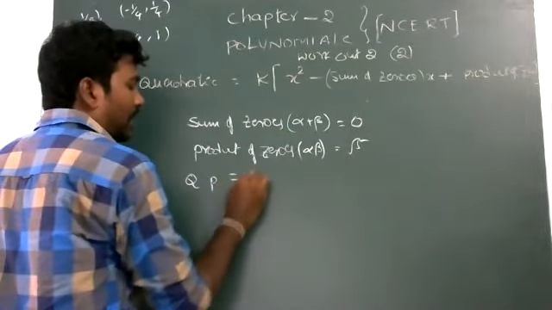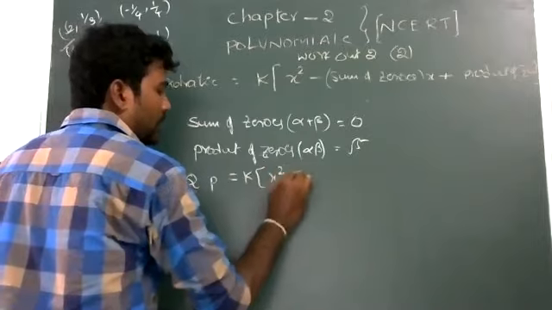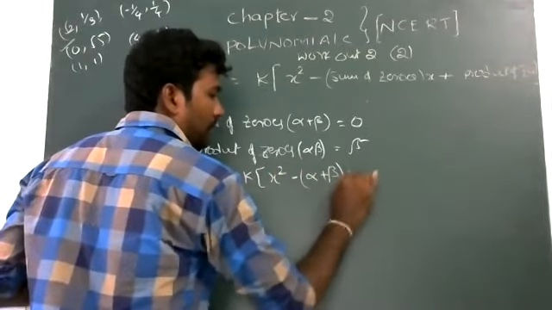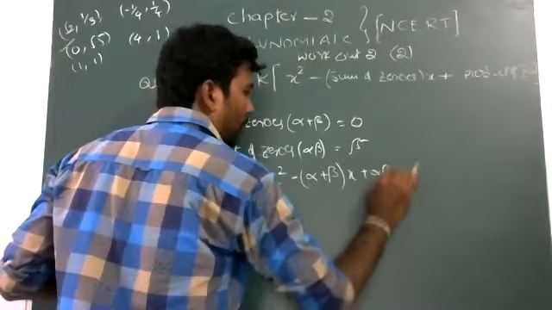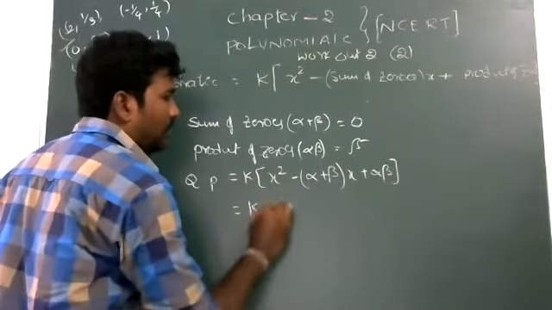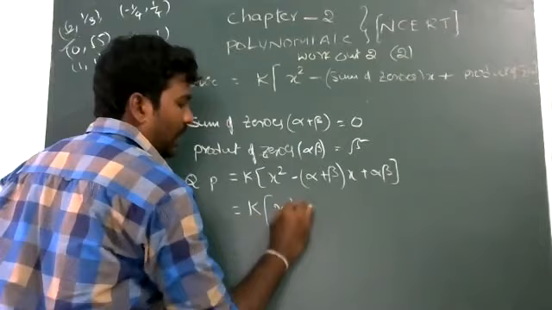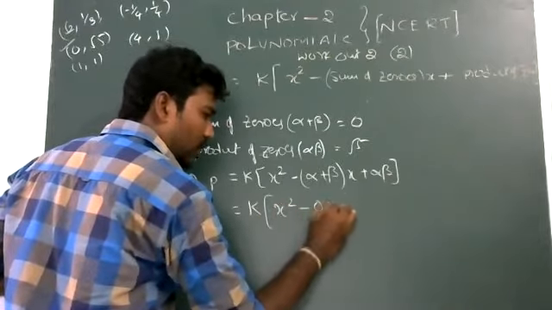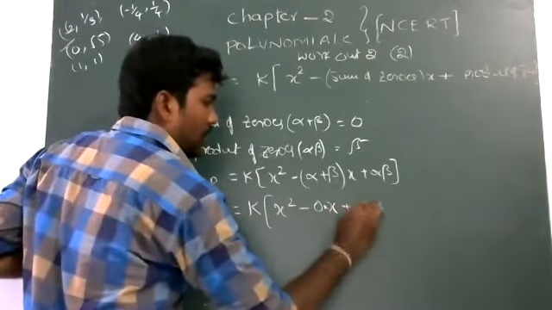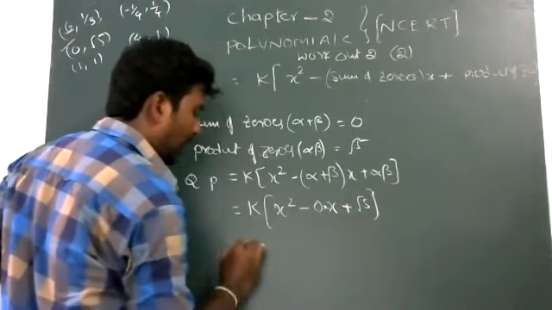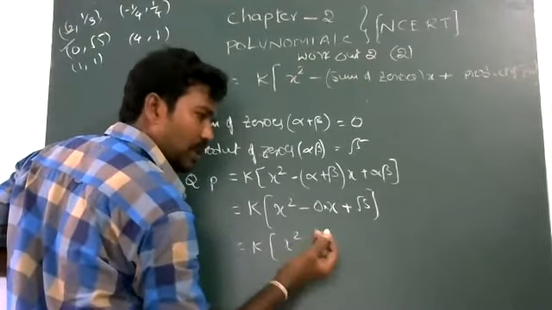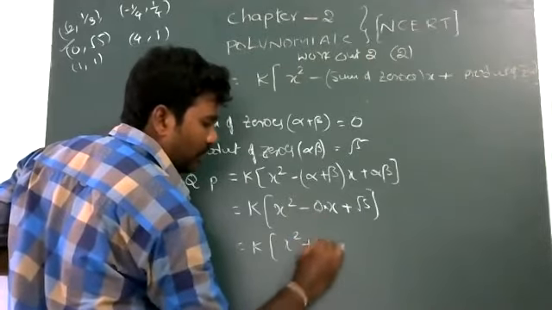Same formula: k into (x square minus (alpha plus beta) into x plus alpha beta), the product of roots. Similarly, substitute these values: k into (x square minus 0 into x plus root 5). Now, 0 and anything equals 0, so no need to write that term.